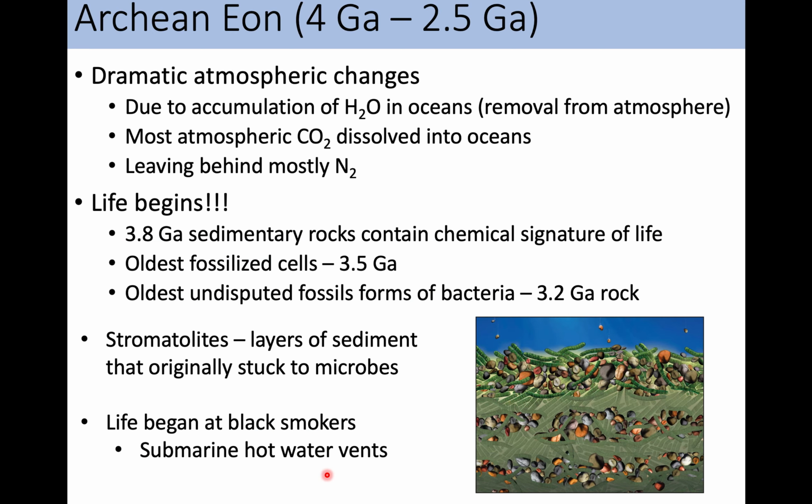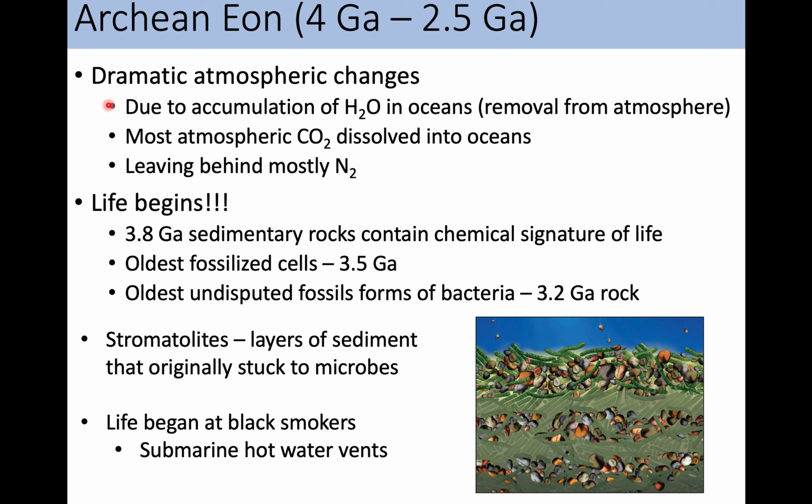So not only did we have plate tectonic action, but there's also a lot going on in our atmosphere during this time period. If you remember in the Hadean eon, we had a very deadly atmosphere. But what happened is the H2O, the water vapor, could condense, started to rain and fill up our oceans. So during this time, our oceans were accumulating water.